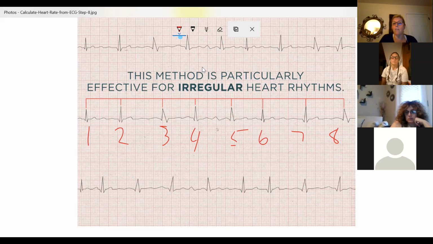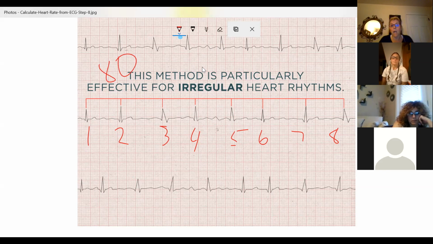So we're going to say that this heart rate is approximately 80, right? That's all we can get from this. Could we use any other method? No. Actually, doing it this way is your best and easiest way to do it, but knowing the other ways to do it is something you have to know. So we'll get there. But again, this is 80.